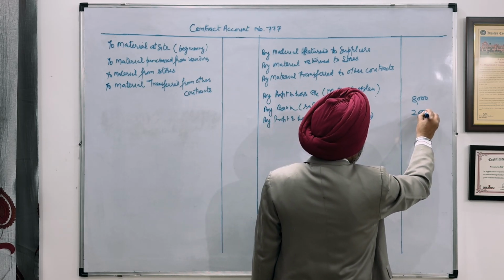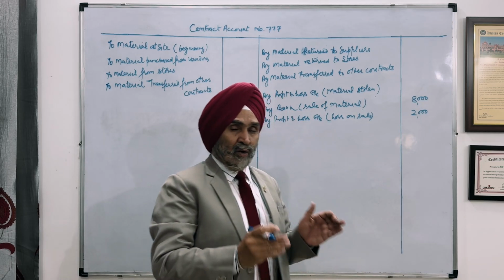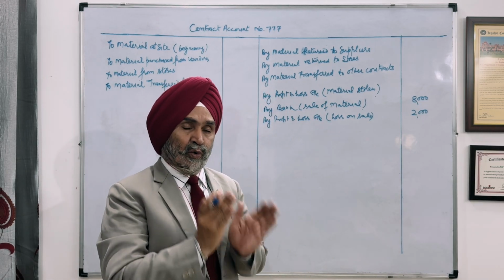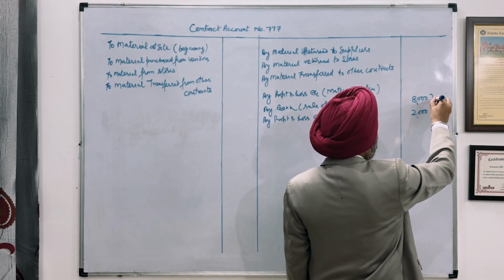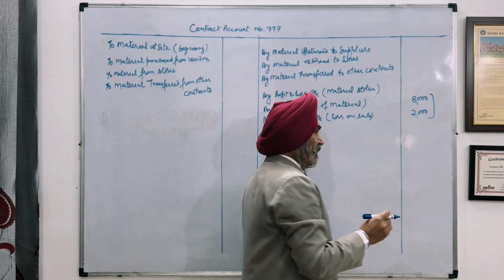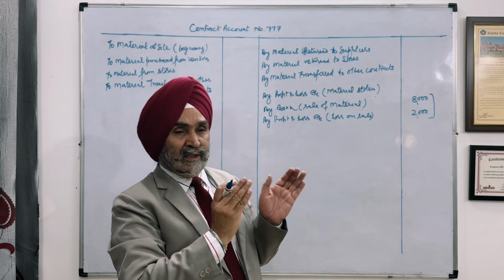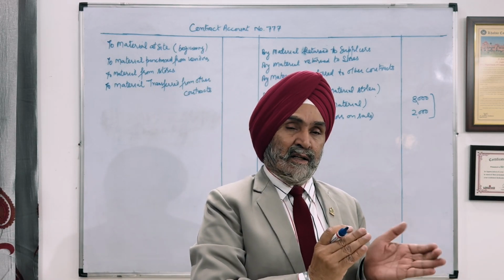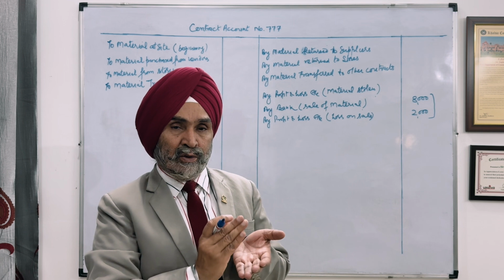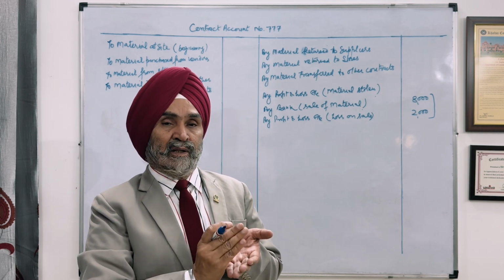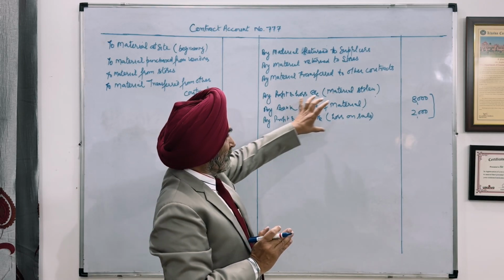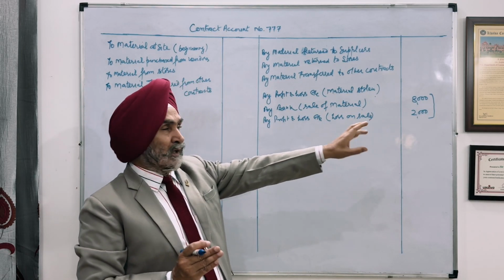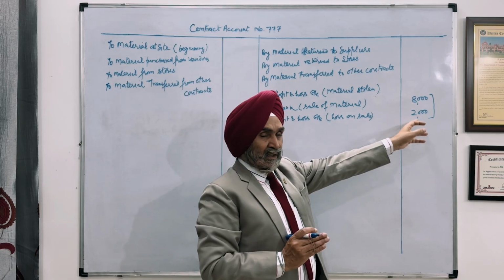Actually, we want to reduce the cost of the material sold. The cost of the material sold is 10,000. We want to reduce that cost from this contract because that is also not used for this particular contract. That is why the cost is credited. It may be 7,000 and 3,000.